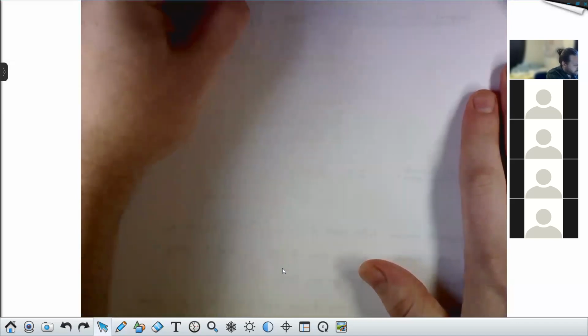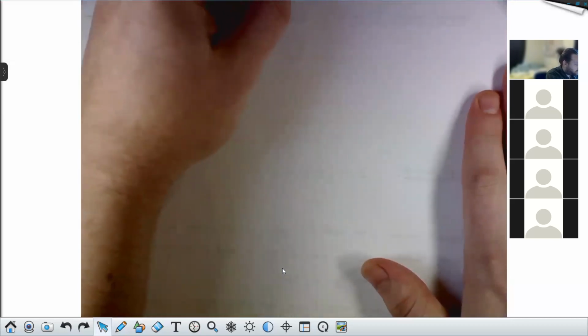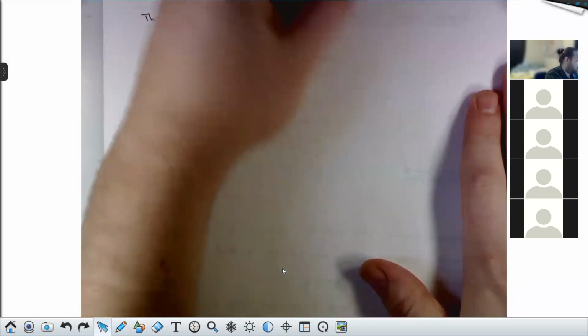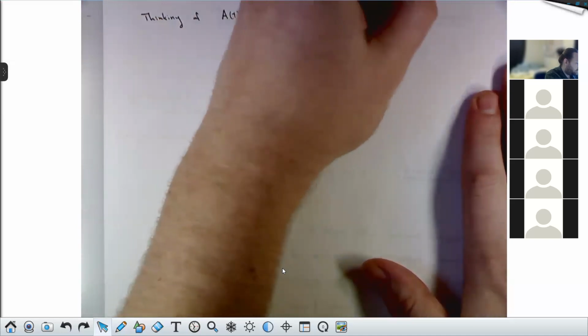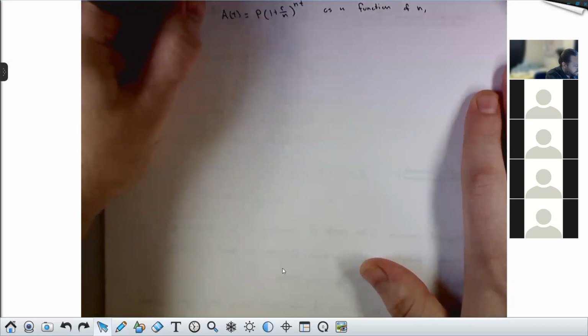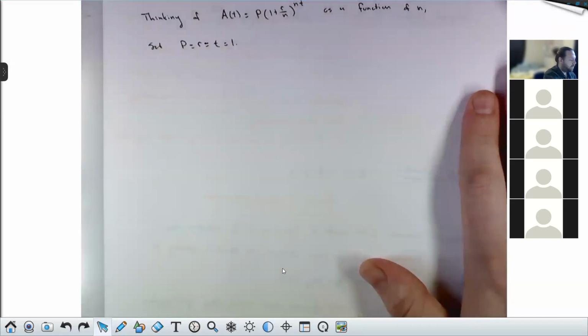So thinking of A(t) = P(1 + r/n)^(nt) as a function of n, set P, r, and t all equal to 1.